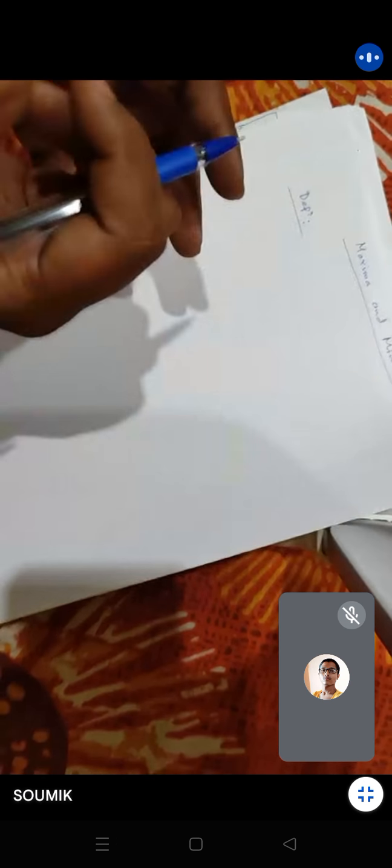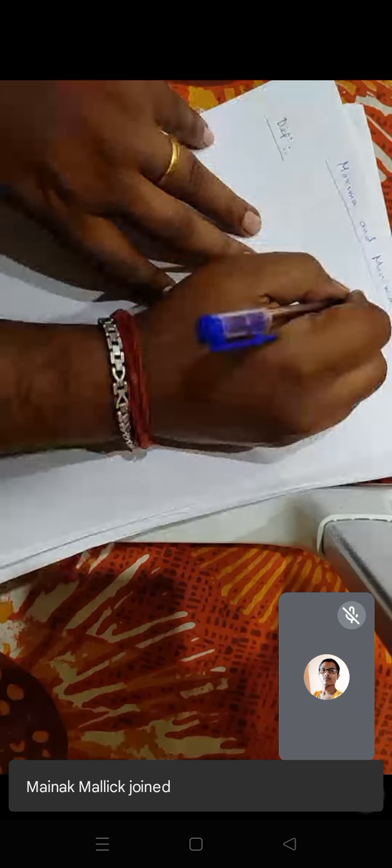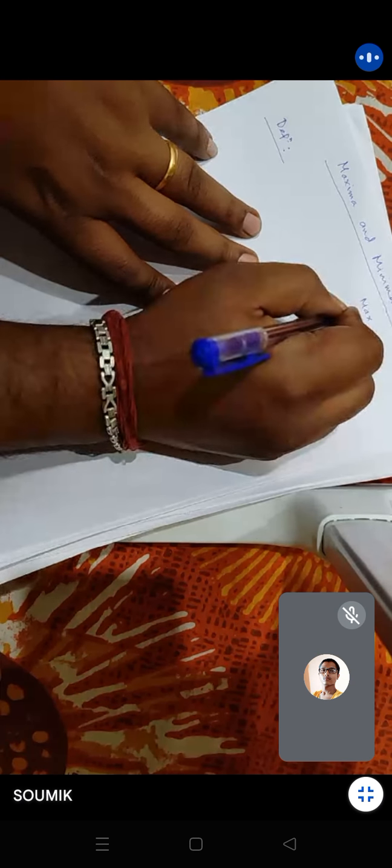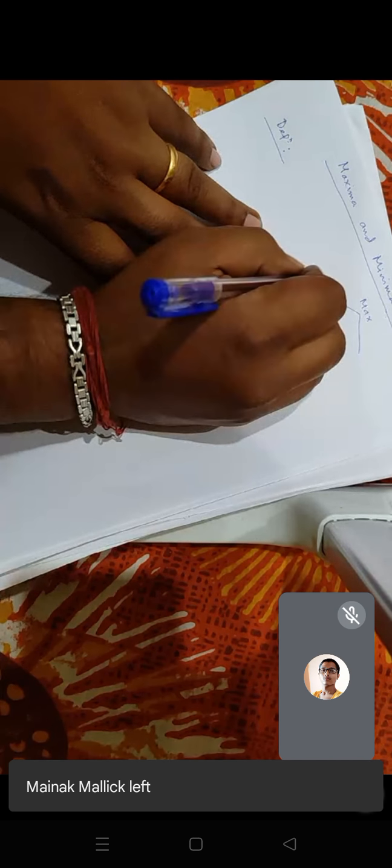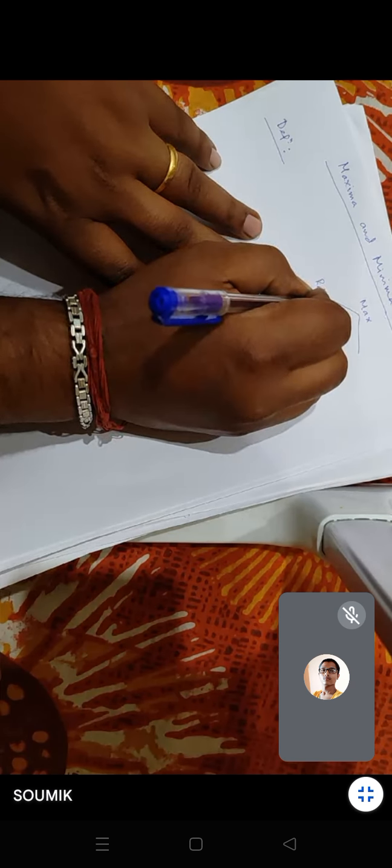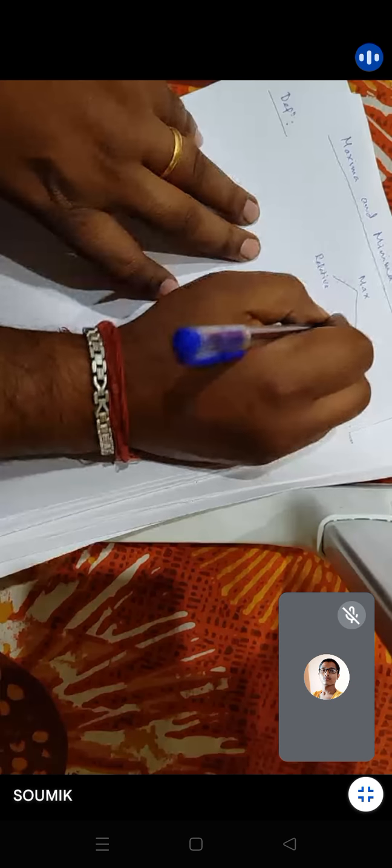The first sense is, maximum has two senses: relative and absolute.